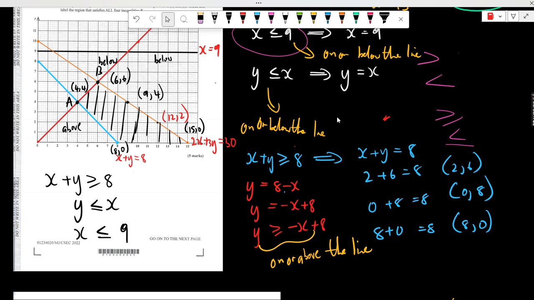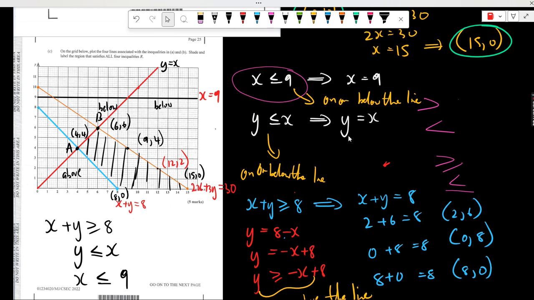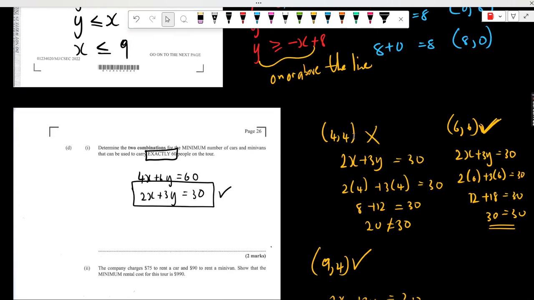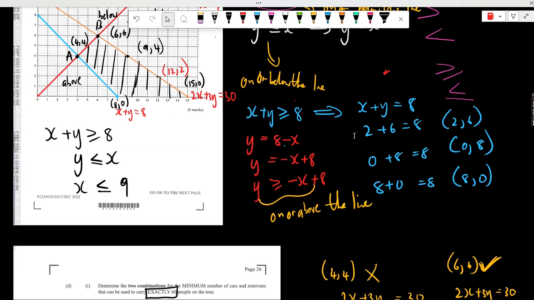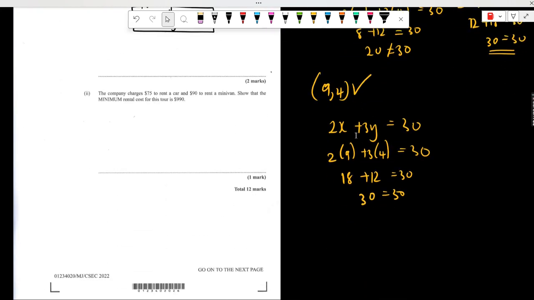So yes, I think that is the one. That is the one that has the minimum. The only other one that satisfies the equation is the point 15, 0.